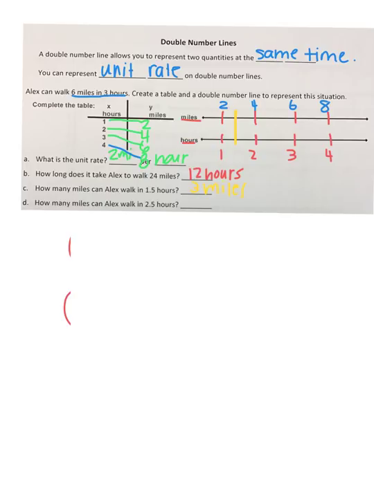So in an hour and a half, he can walk 3 miles. The next one asks, how many miles can Alex walk in 2.5 hours? So again, we can use our double number line, go 2.5 hours, so halfway between 2 and 3, and we want it to match up with something on our other number line. In this case, halfway between 4 and 6 would be 5 miles. So in 2.5 hours, he can walk 5 miles.